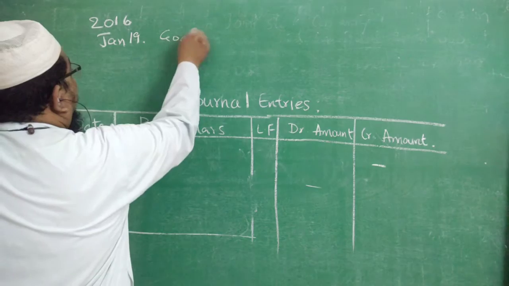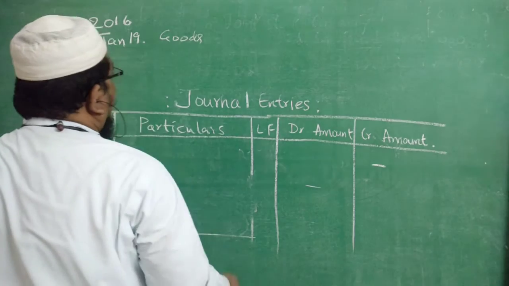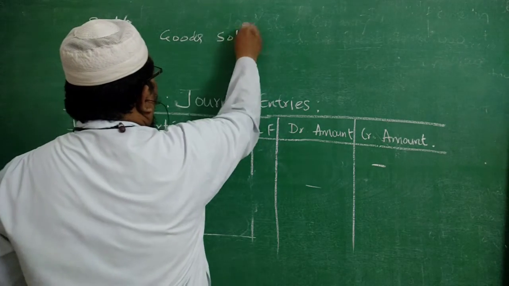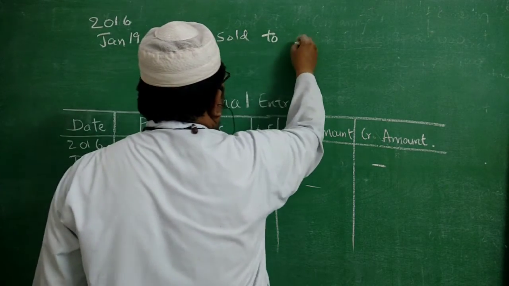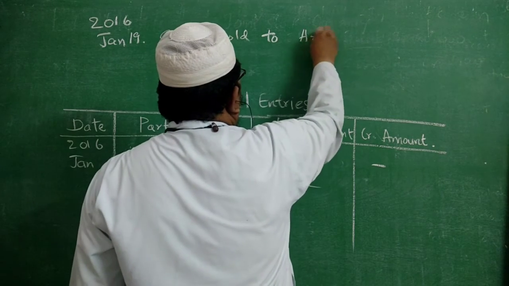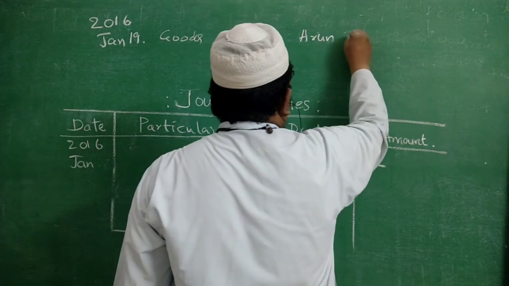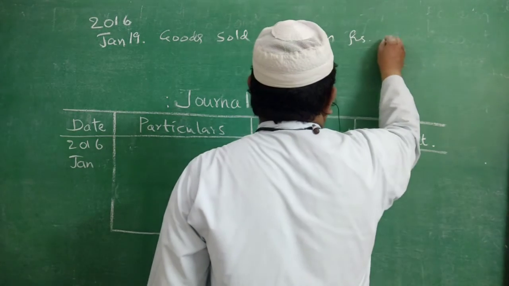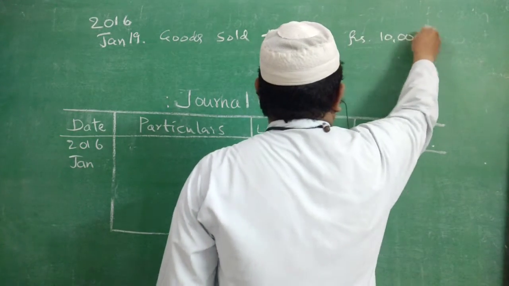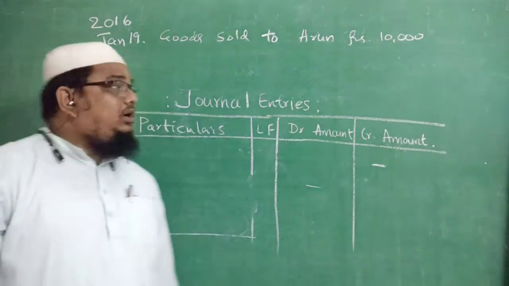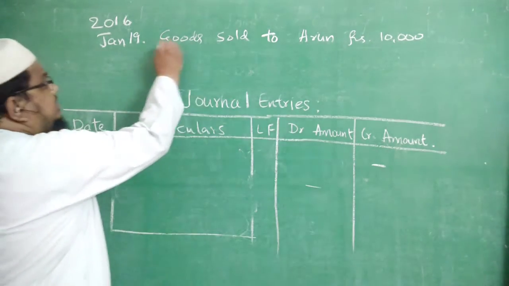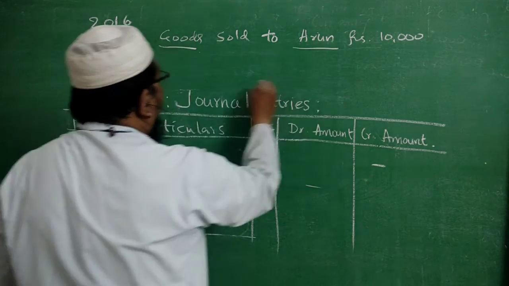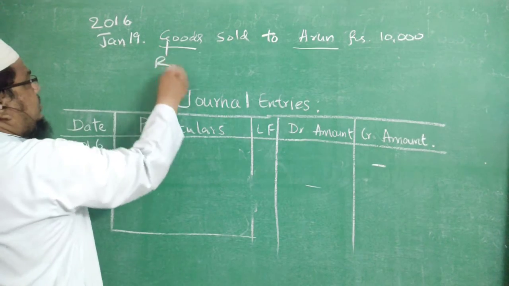Okay, goods sold to Arun for rupees 10,000. We have sold goods worth rupees 10,000 to Arun. So goods account is a real account.